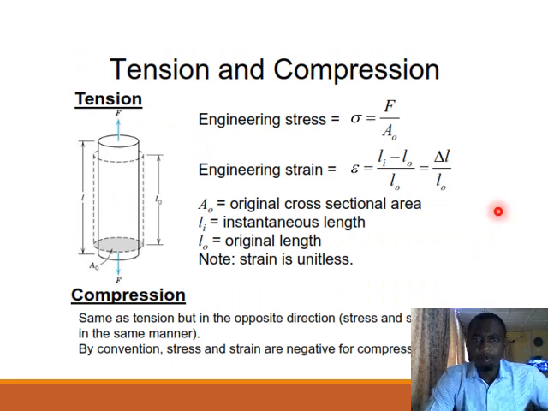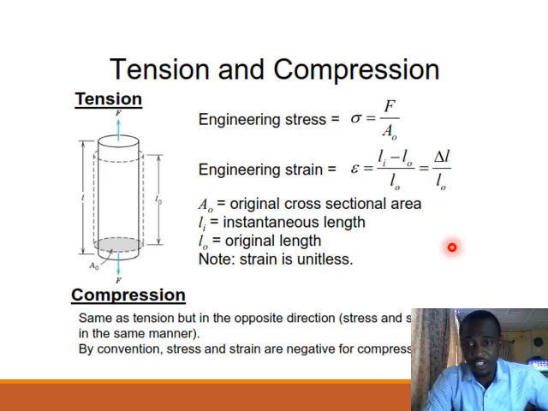So for both tension and compression, you can always estimate, and this lecture will focus on simple tension and compression. In higher lectures, you are going to look at shear stresses, shear strain, torsion, and the deformation that results from torsional loading.